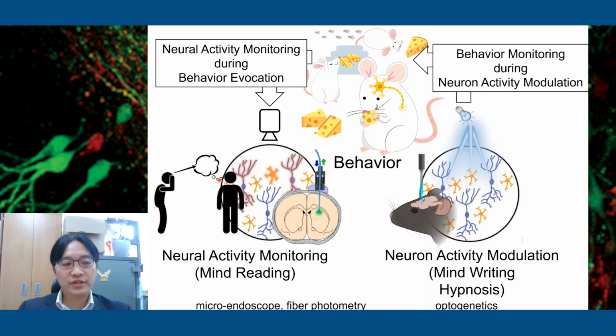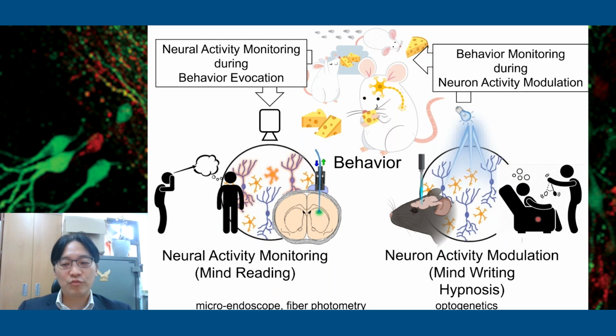And for me, fiber photometry or microendoscope, miniscope, is like mind reading. I can read your mind right now. You think you are thinking about a strawberry cake or something, and I can do mind writing, so I can make you do something. So the invention of these two tools, mind reading and mind writing, has really revolutionized the whole neuroscience field.